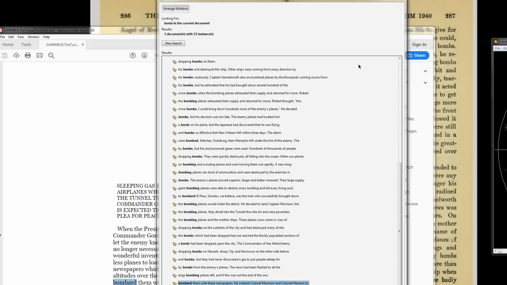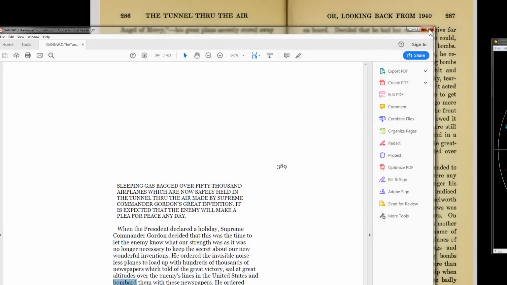That's something to pay attention to. There are 3 instances of bombardment or its iterations, so that leaves 49 instances of bomb, bombs, bombed, or bombing. I'm just going to let you know that's important.